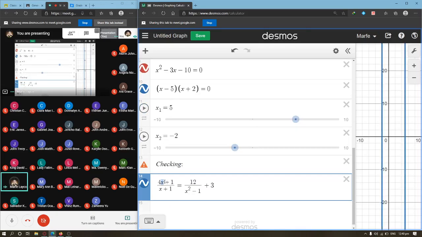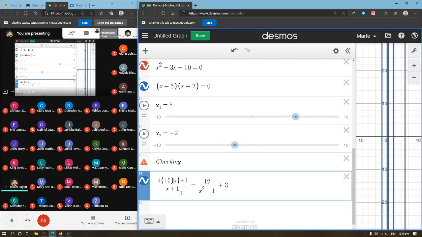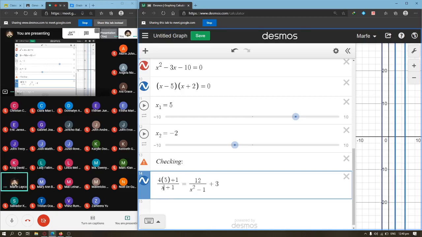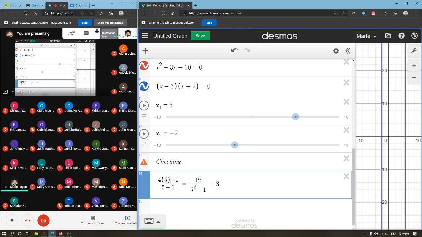So, 5 multiplied by 4. Then, yung x natin, magiging 5. X is 5 squared. Okay. Next, magiging siyang 4 times 5 is 20.